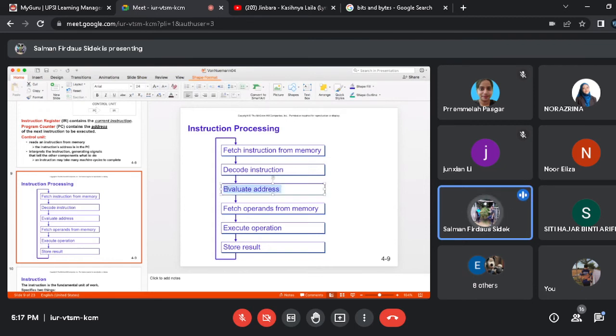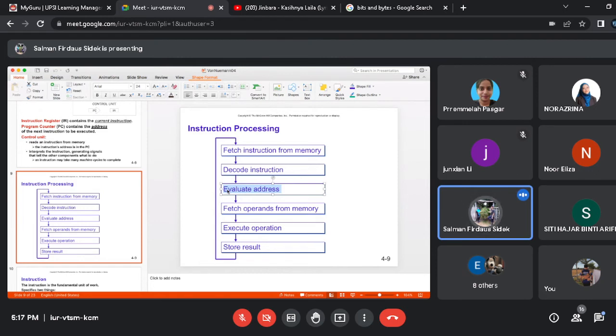So the third step is evaluate address, and once the address is calculated, we know the location of the data, lah, because we already have the address. And then once we know the location, we directly fetch the operands, or the data, from memory. And then once we get the data, we just execute the operation.